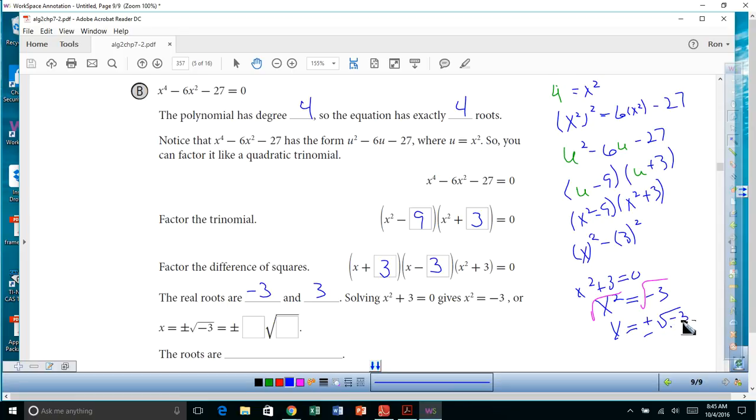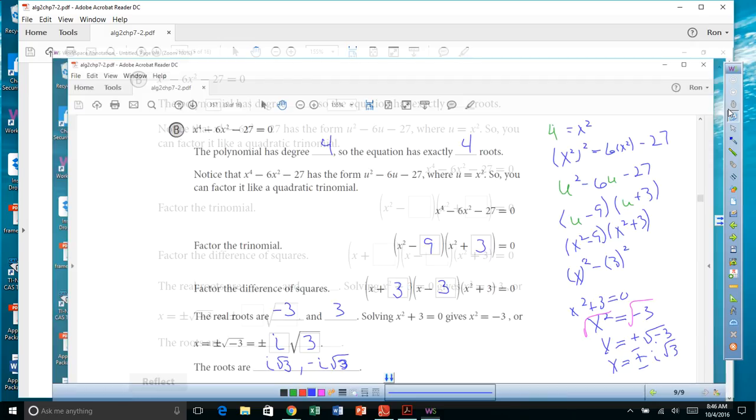That becomes x equals plus or minus i times the square root of 3. So that's what we got here. So the roots are i times the square root of 3 and negative i times the square root of 3. Great.